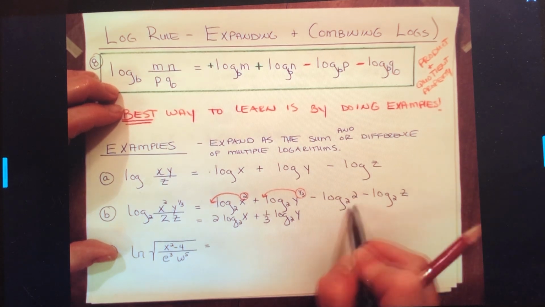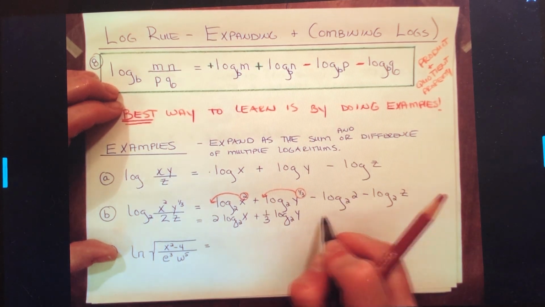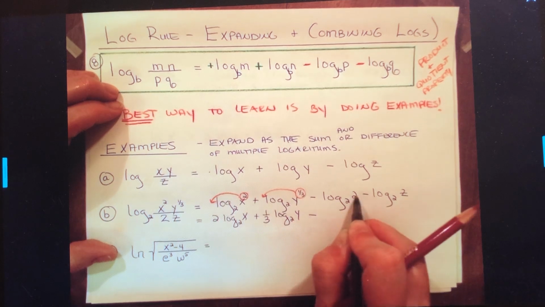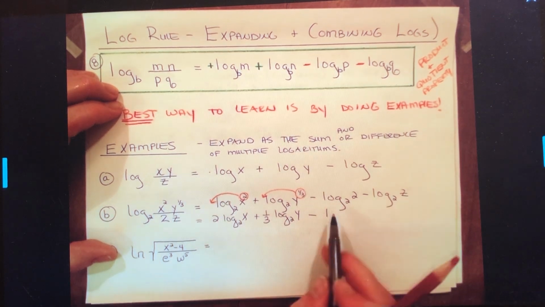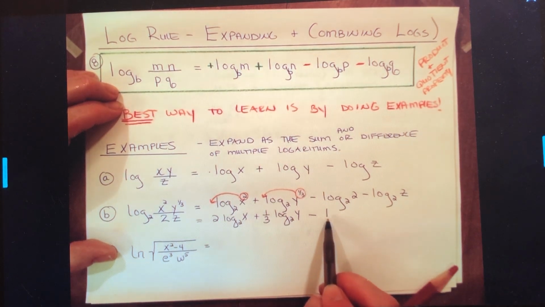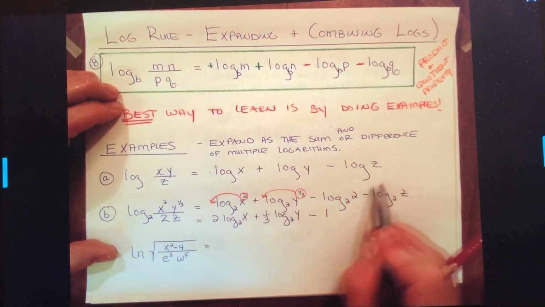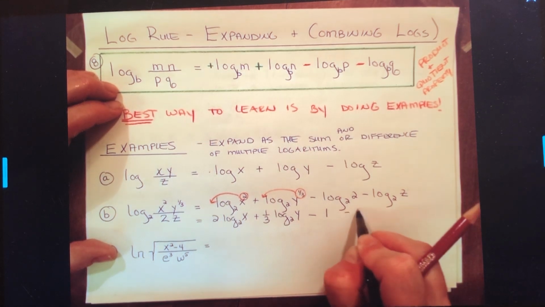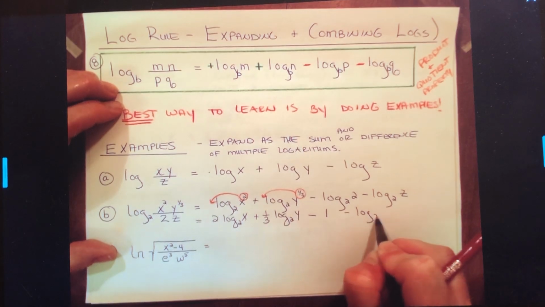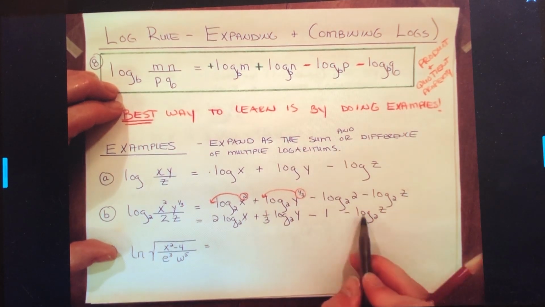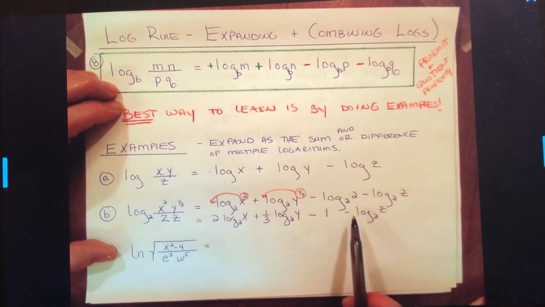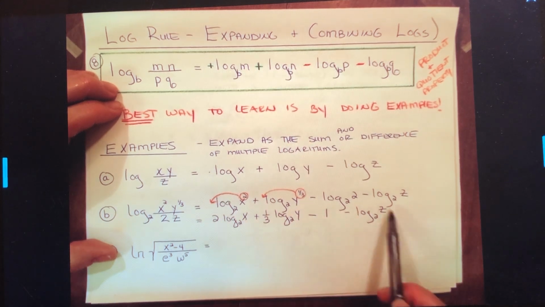So this, if you're paying close attention, is actually, there's my minus sign, and that is a 1. So the best way to write this is actually as -1. And then finally, this one can be left alone. There's no simplification to do to that one. So this would be minus the log of z base 2. So this is the best way to write that answer.